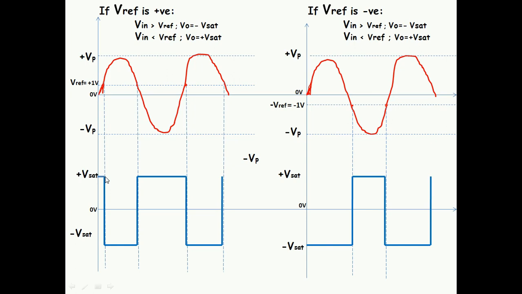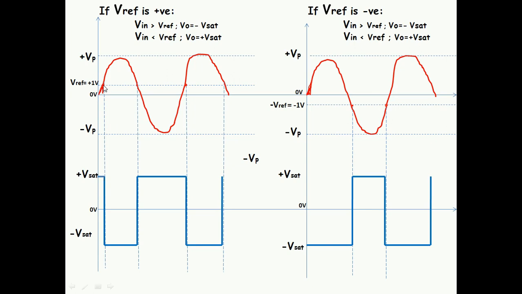It is the inversion of the input signal. For an inverting operational amplifier, we know that the output is the inversion of the input, isn't it? Here the input is less than V reference, so it is more negative than this. It is connected to the negative terminal of the operational amplifier, hence the output is inverted. So the output voltage is plus V saturation.